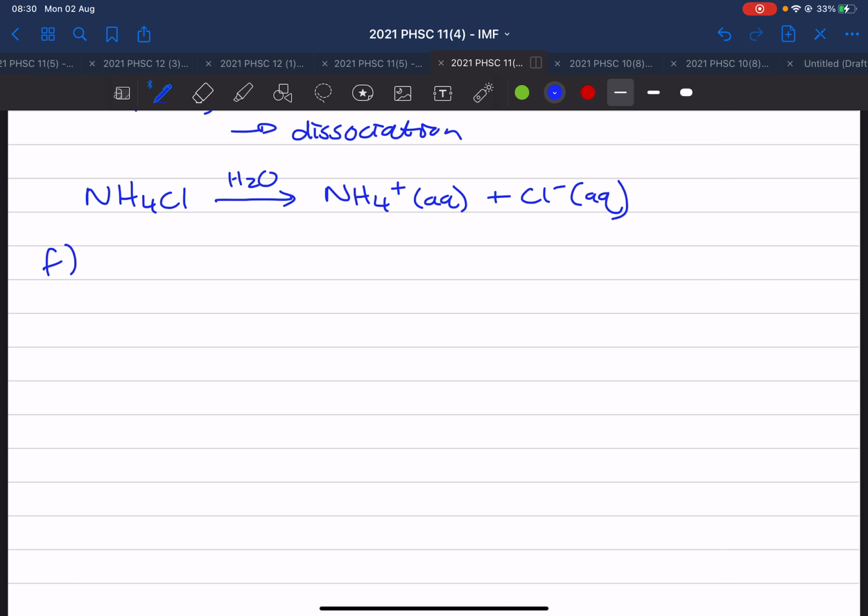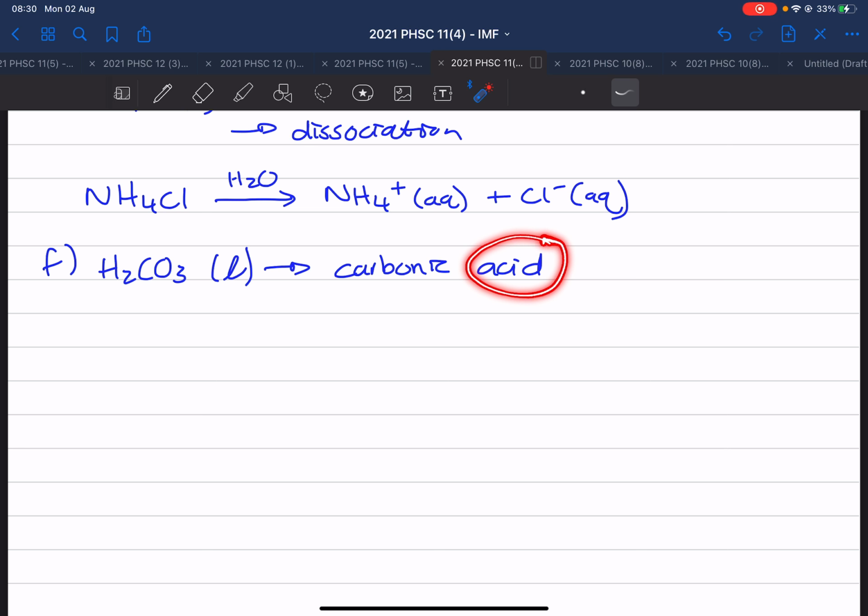Alright, then question F, you have there H2CO3, that is a liquid. The name there is carbonic acid, something that you must know. Now, the clue here is because it is an acid. Because you have an H there, because it is a liquid, it undergoes ionization.